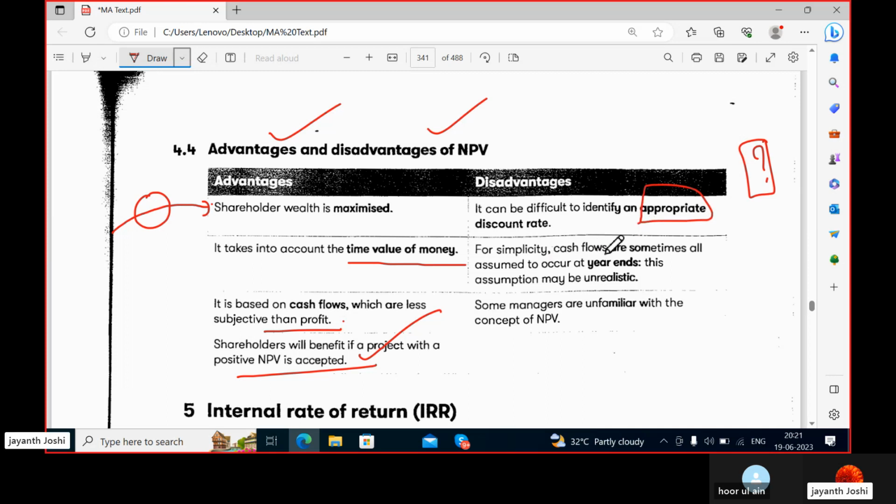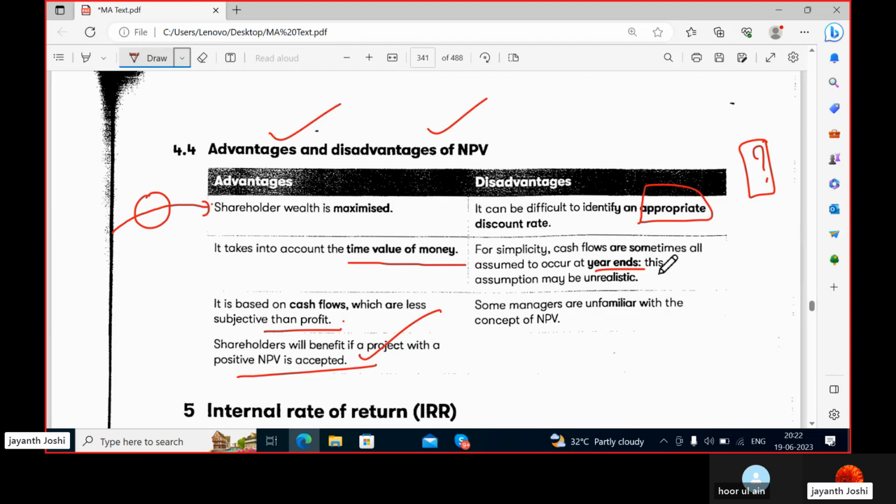For simplicity, cash flows are sometimes all assumed to occur at year ends. In the NPV method, we considered that all the cash flows are received at the end of the year. That is the basic assumption, but it is not the case. You may receive cash flows in between the year or at the beginning of the year.